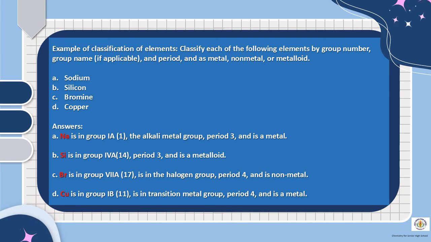So the answers are: sodium is in the alkali metal group, period 3, and it is a metal. Silicon is in period 3, and it is a metalloid. Bromine is in the halogen group, period 4, and it is a nonmetal. And lastly, copper is in the transition metal group, period 4, and it is a metal.